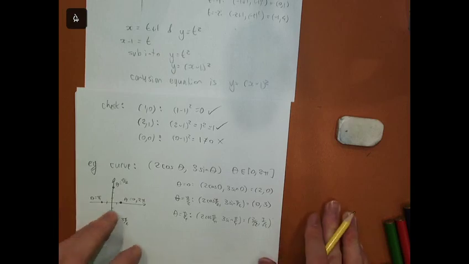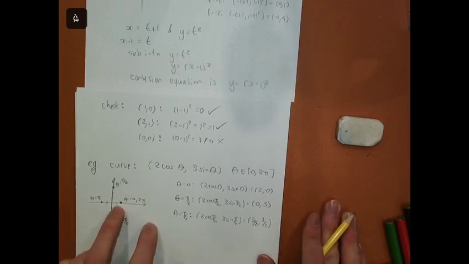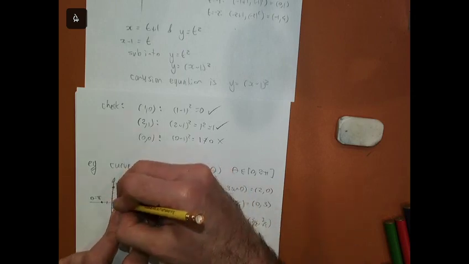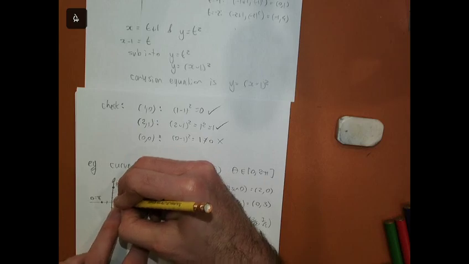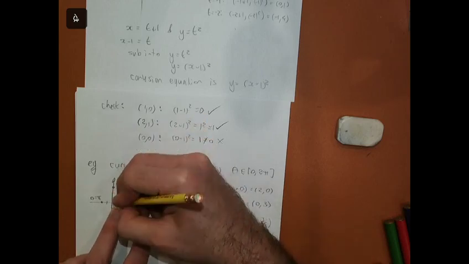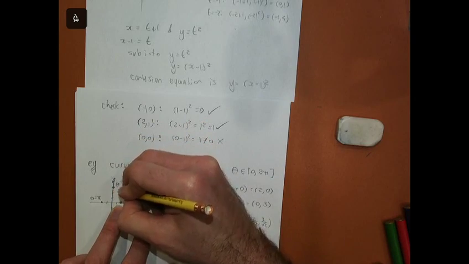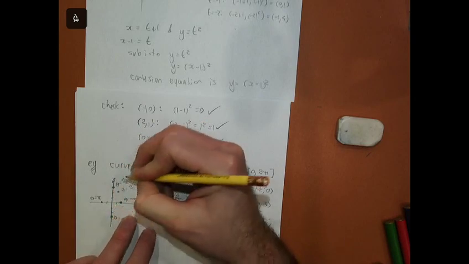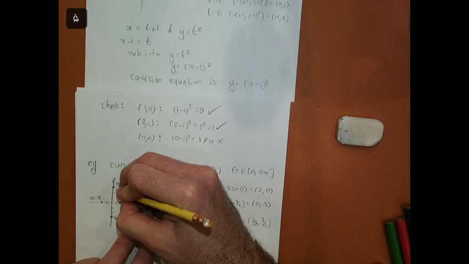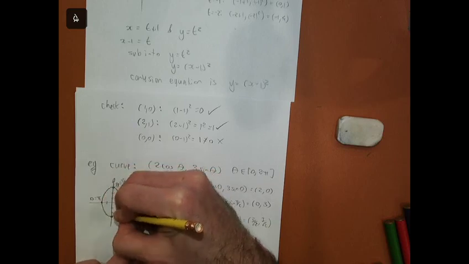Root 2 is just under 1.5, and 1 on root 2 is about 0.7, I think. So this is about 1.4, and 3 times 0.7 would be about 2.1, so it's about here. Okay, so that's pretty good. This is going to, I reckon, go like that.